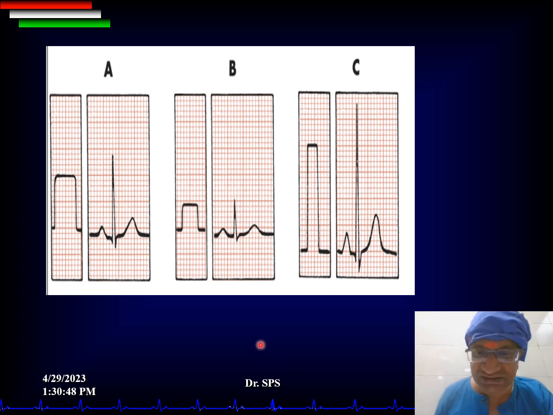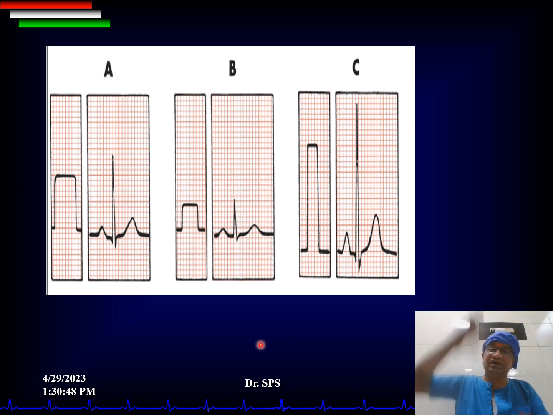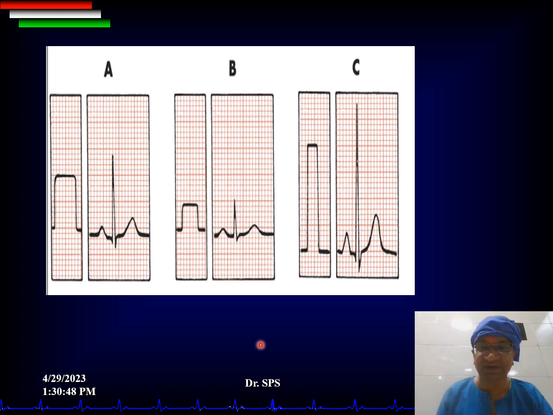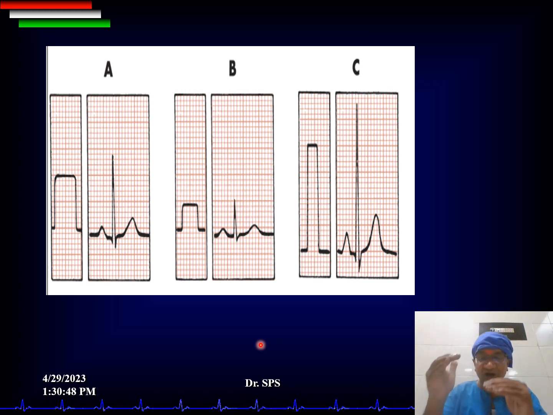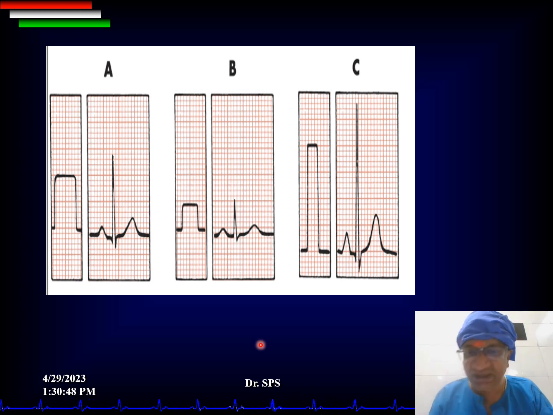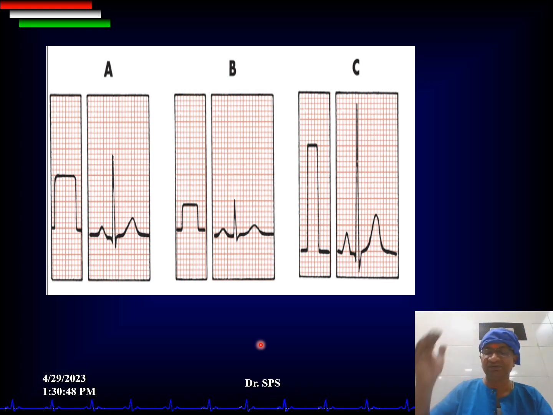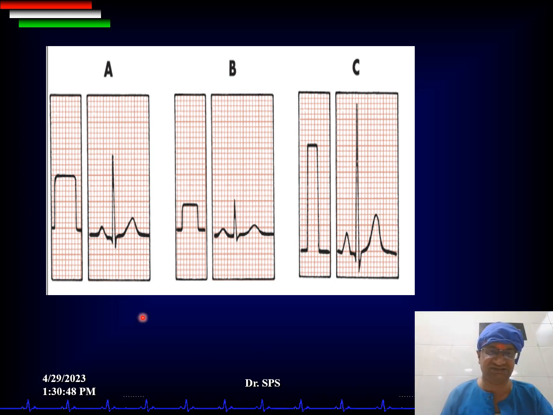Nowadays, in recent computerized ECGs, if the LVH is so big that it will cross the ECG paper, then what it will do is, that lead alone, it will decrease the standard. We should be careful. That lead will be decreased to only 5 millimeters standard, and it will show within the graph. We should be able to recognize that.